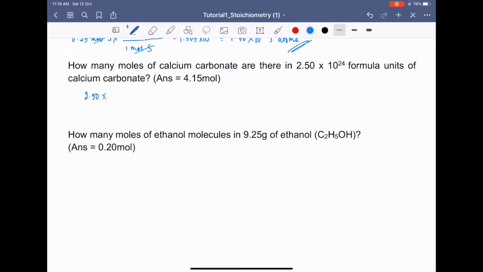Let's start with 2.5 times 10 to the 24th power, and we divide it by 6.02 times 10 to the 23rd power. We can immediately cancel out the unit, and then this is multiplied by 1 mole, equivalent to 4.1528 mole, and we can round it off to 4.15 mole.